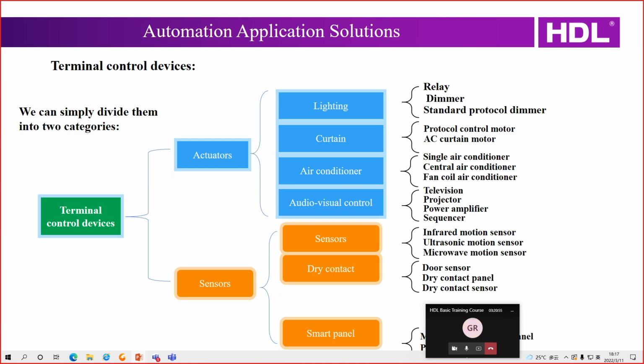We can simply divide them into 2 categories. Terminal control devices is divided into actuators and sensors. So in this part, for example, lighting, we have relay, dimmer, and standard protocol dimmer. For curtain, we have protocol control motor and AC curtain motor.